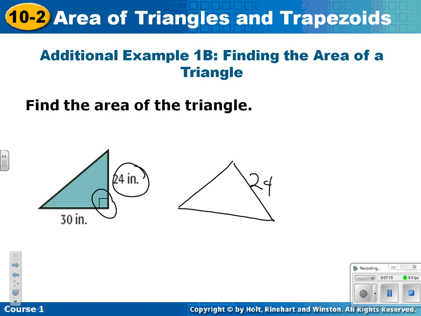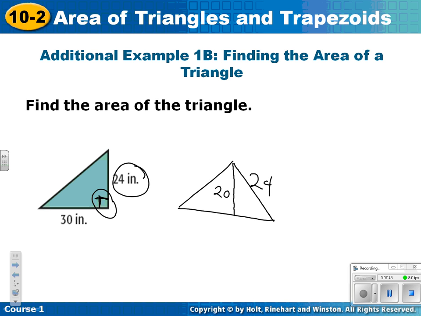And the height is actually this line. And this line is probably less than 24. Let's say this line is probably 20. This only works if it is straight up and down. And the only way we know if it's straight up and down is if this little line is in here. This little line in here indicates that it's 90 degrees.